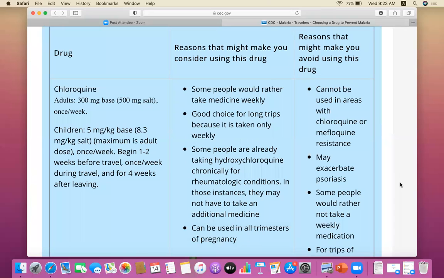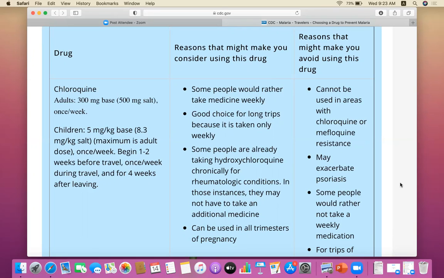In the treatment of systemic lupus erythematosus, you also studied that hydroxychloroquine is used, and in the management of rheumatoid arthritis. Hydroxychloroquine is taken chronically for rheumatologic conditions. In those instances, they may not have to take an additional medicine.